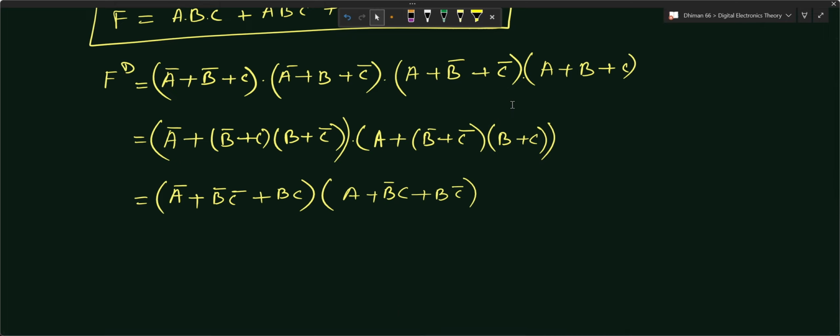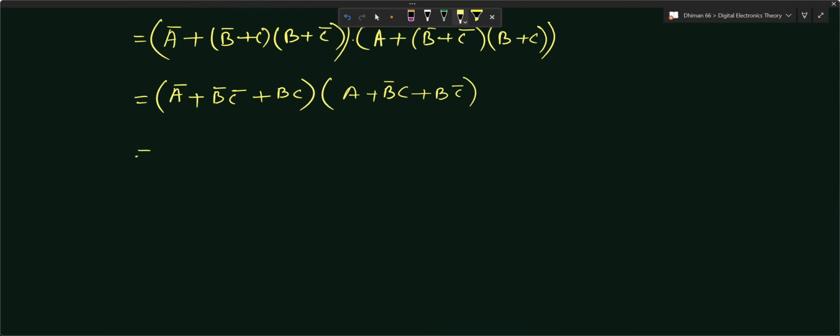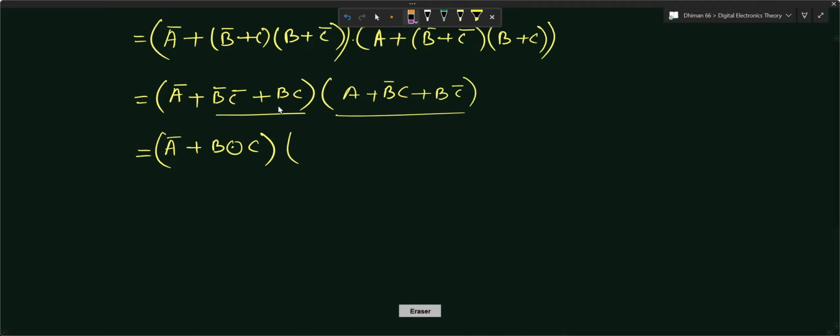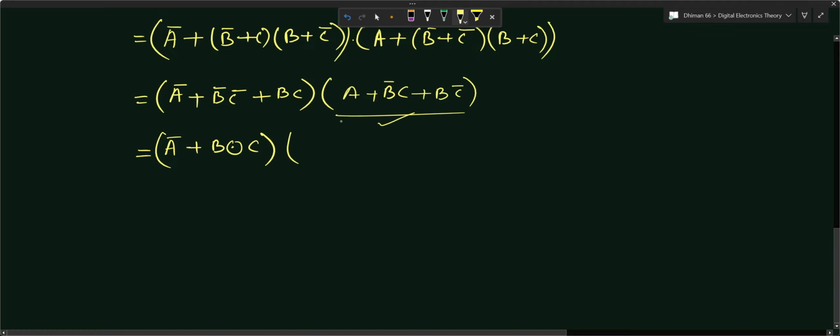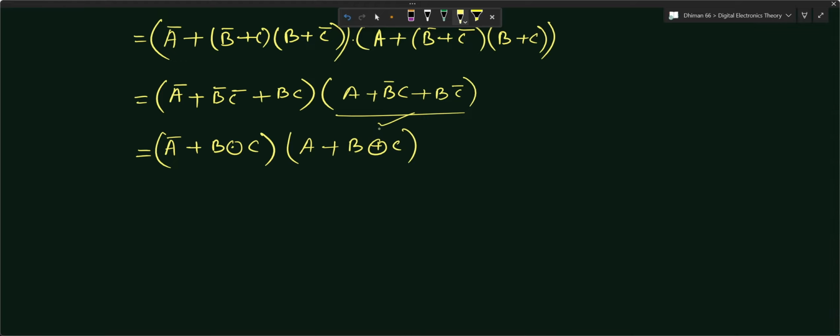From here we can see that b bar c bar plus b c means this is the XNOR operation. So a bar plus b XNOR c, and similarly for the second term we can write a plus b XOR c. Are you getting my point?